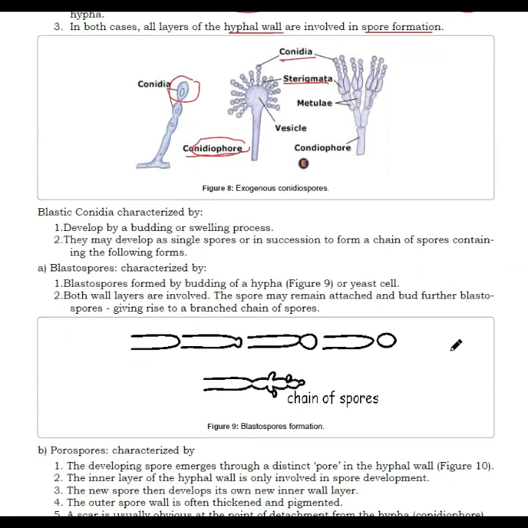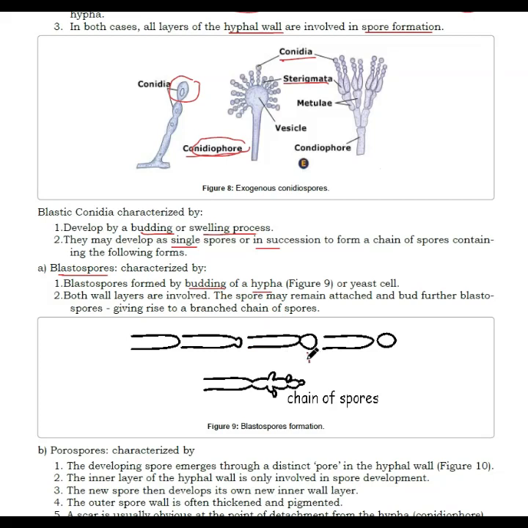Blastic conidia are characterized by being developed by a budding or swelling process. So blastic conidia are generally formed by budding or swelling, but thallic are generally from septation. In this case also they can be single or multiple in succession to form a chain of spores, and these blastospores are characterized by forming a budding of the hyphae.